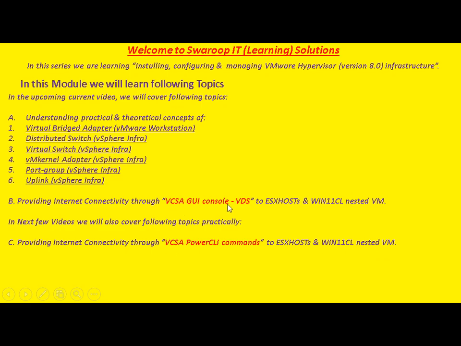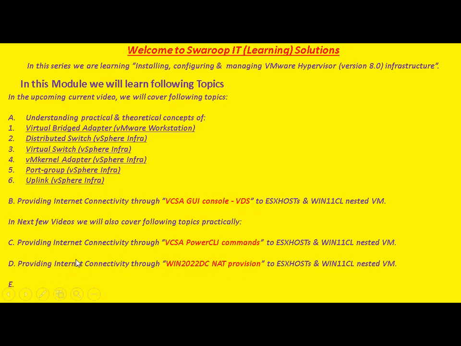One video will be through the VCSA GUI console, then the next video we will cover through VCSA PowerCLI commands. Option three, again the objective is the same, providing internet connectivity, but the option is through Windows 2022 NAT provision to the ESX host and Windows 11 CL nested VM.